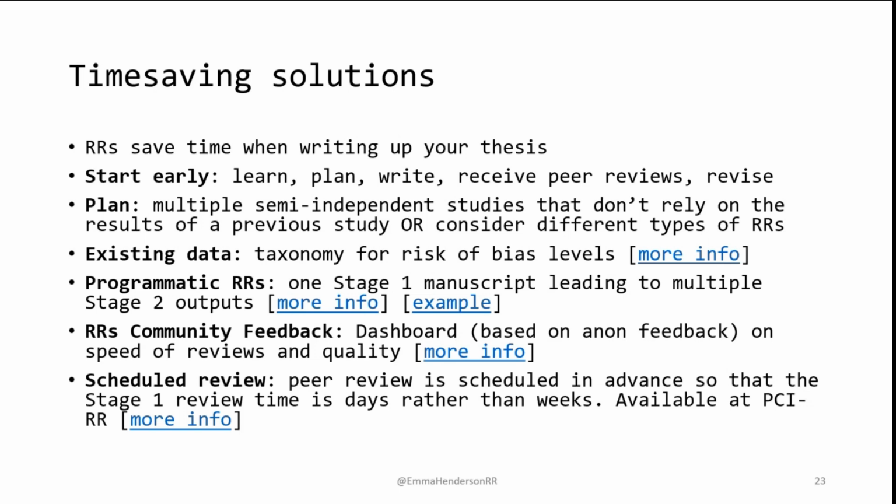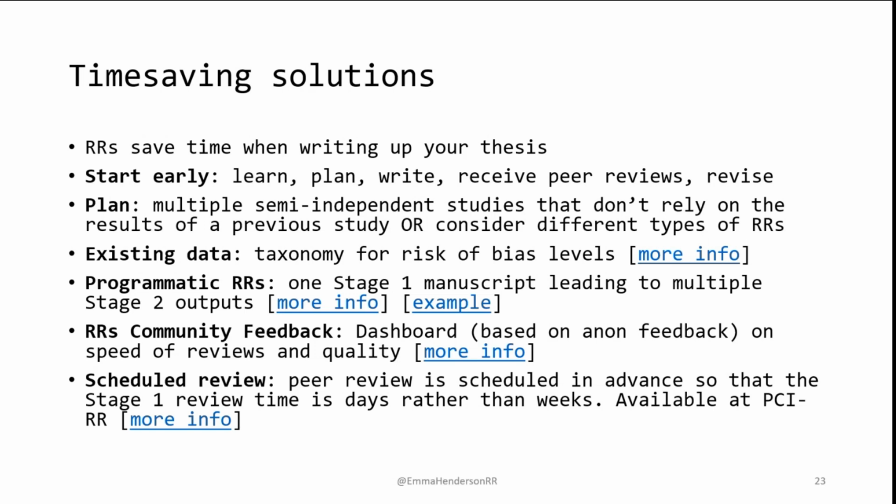There are also registered reports for existing data, so that's something that you might want to consider. There are programmatic registered reports, where you just write one stage 1 manuscript, and that leads to multiple stage 2 outputs. So you just need to write one, and then you can publish 2 or 3 stage 2 papers from it.